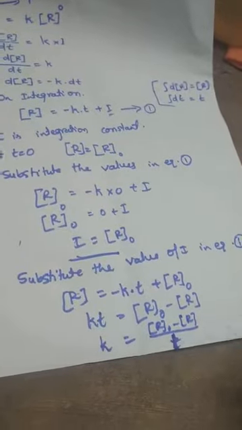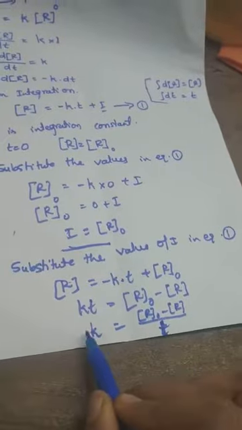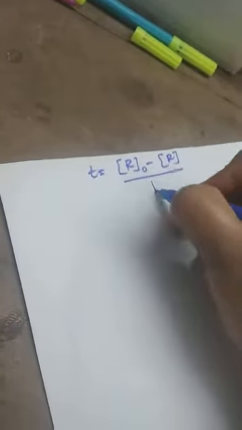If you want to know the time, then shift K to the other side, so that equation will be t equal to R naught minus R divided by K.